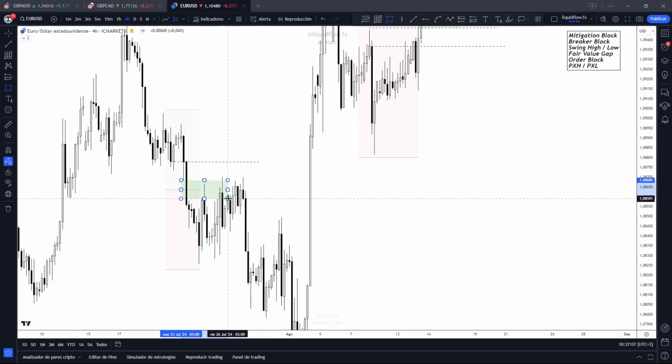A fair value gap. And then we also create what? Swing points. Now you can see how everything is combining. When we tap into the fair value gap, we're expecting some expansion movement below this swing, this fair value gap.